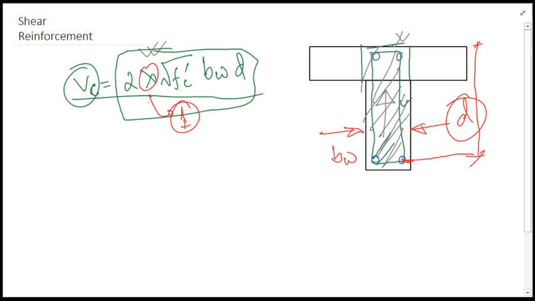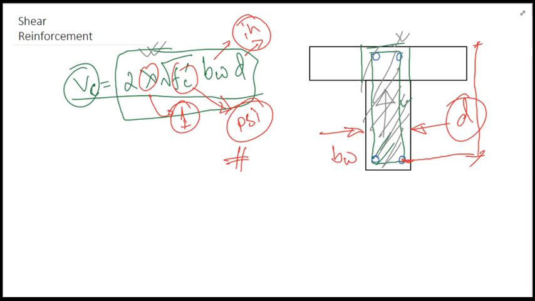This lambda value depends upon the concrete property, and this fc prime as well. This is the strength of the concrete, and obviously you will be using this as a psi value here, and that's why all this is in inch to get the value in pound.